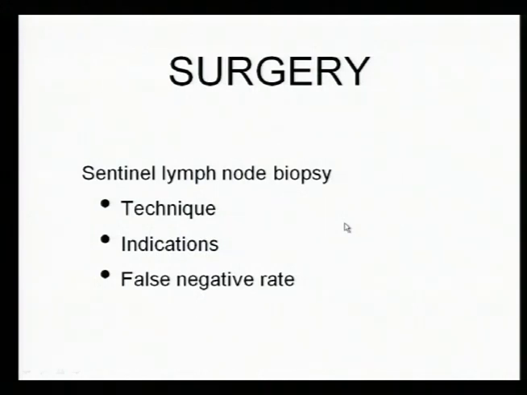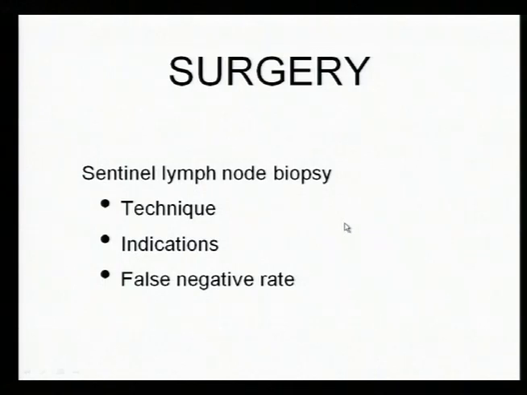In the past, we've done a lot of axillary node dissections where we remove all the lymph nodes underneath the axilla. There is a risk of lymphedema with that, about 15%. There are also potential complications with that as well. We have learned how to do sentinel lymph node biopsies, which are a little bit easier for the patient.